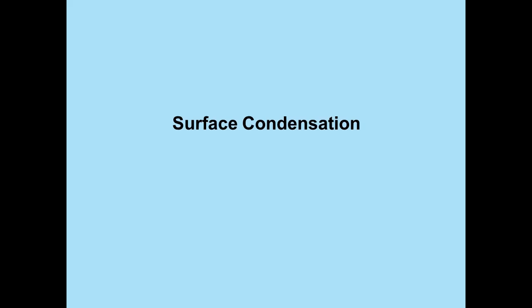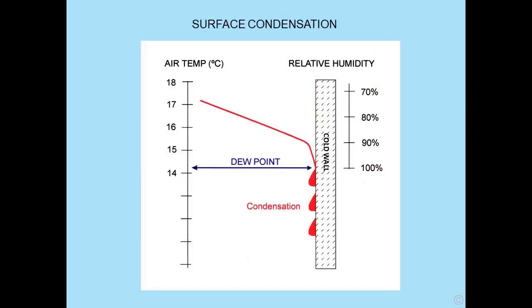So let's have a look quickly at surface condensation. On the right we've got a cold wall, and on the left we have an air temperature scale. With this cold wall, we are now looking at air that is what I loosely call the boundary layer of air against the wall. In other words, a few millimetres against the wall, where the coldness in the wall can affect the air temperature.